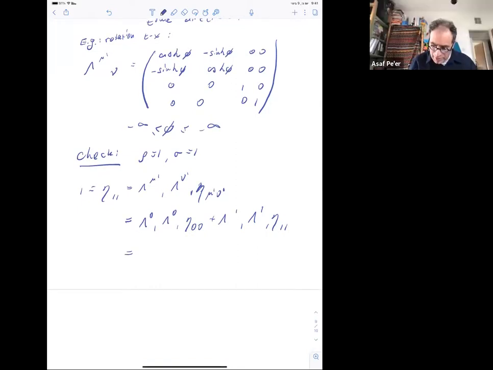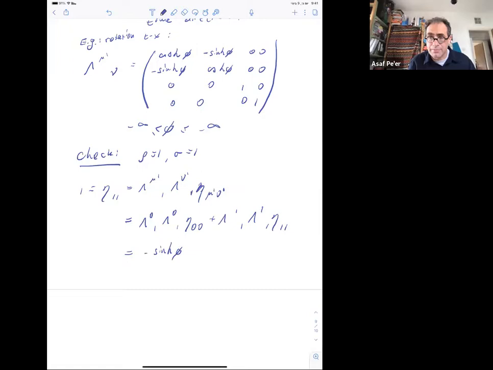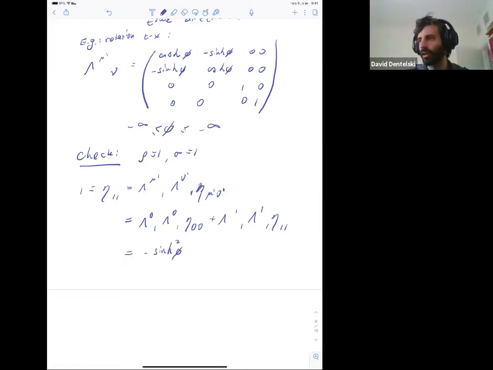So what is lambda 0, 1, lambda 0, 1, eta 0, 0? Sine hyperbolicus, minus sine hyperbolicus, right? That's it? No, squared and minus 1 from the eta. Very good. And then?